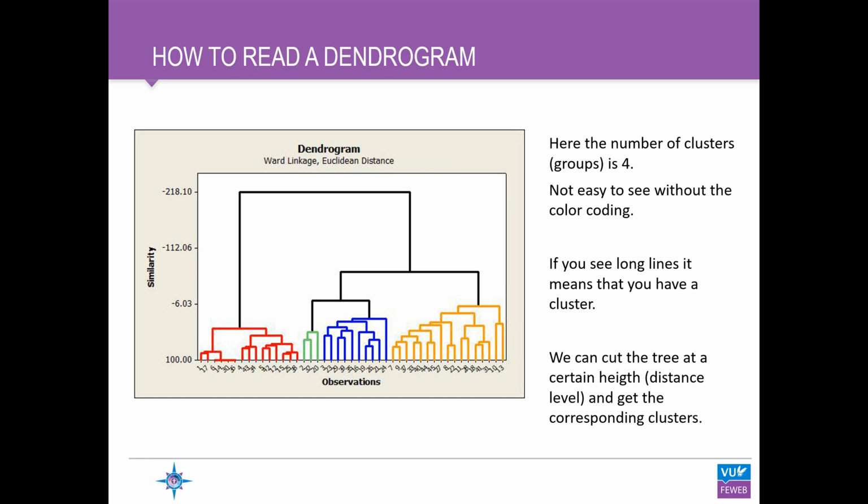Whether you draw the line here and say there are 4 clusters, or draw the line here and say there are 3 clusters, that's really up to you. There's no specific test that can tell you this is the optimal number of clusters. You really have to look at your solutions, maybe inspect the 3 cluster solution, inspect the 4 cluster solution, and look at whether it makes sense.